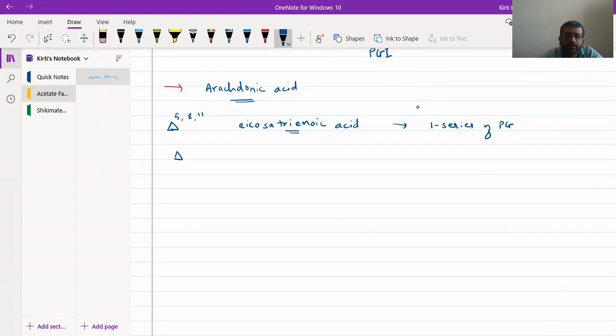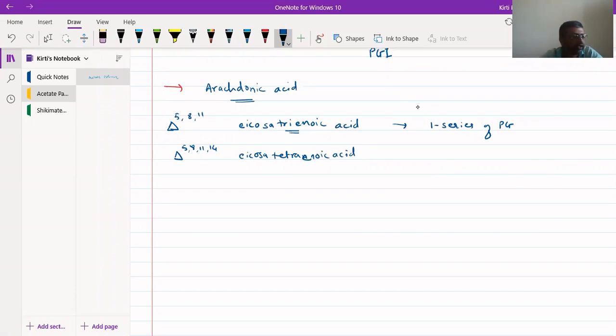दूसरा होता है delta 5, 8, 11 and 14 eicosatetraenoic acid. This is also called arachidonic acid.